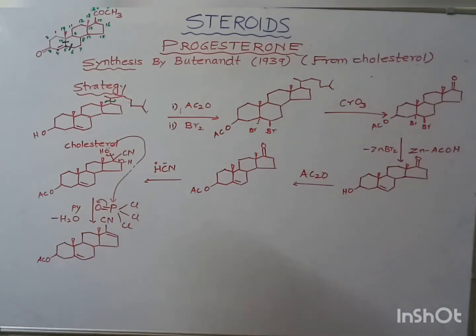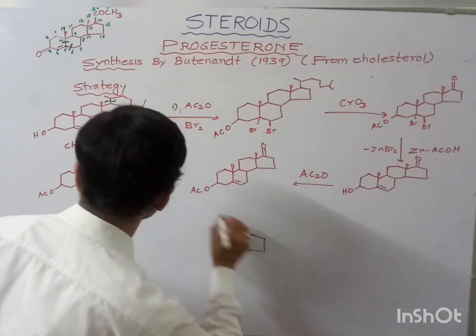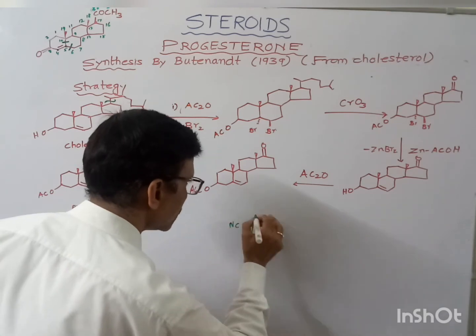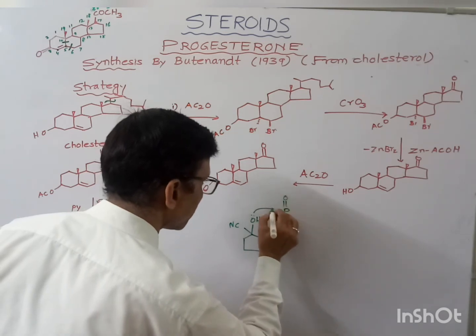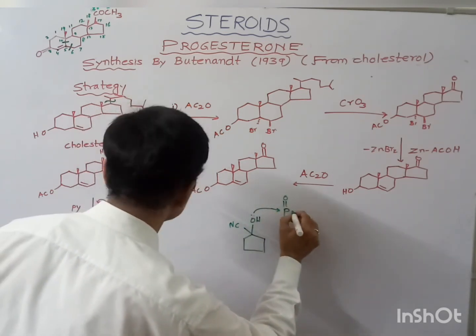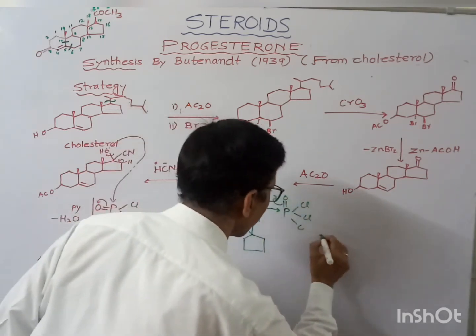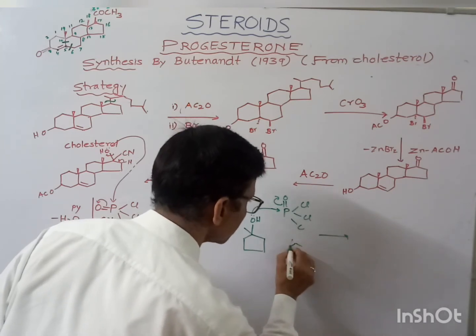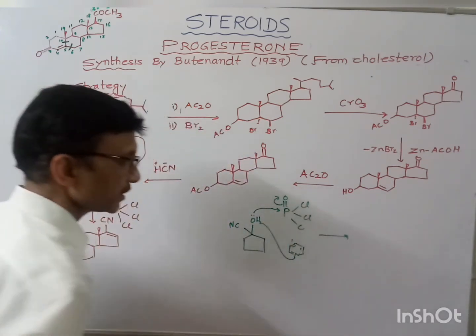If you want to see the mechanism for this, I am writing the mechanism. Suppose we have this OH group and this CN over here. This will give the lone pair to the vacant d orbital of the phosphorus, and pyridine present over here will take this H plus.